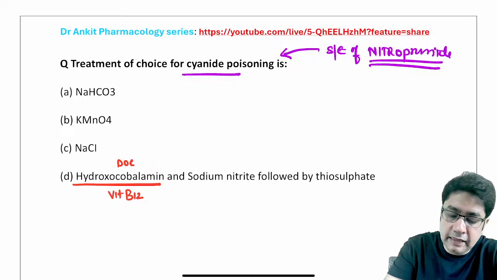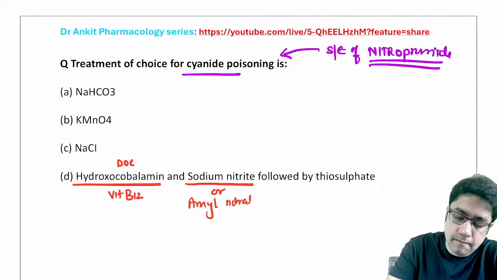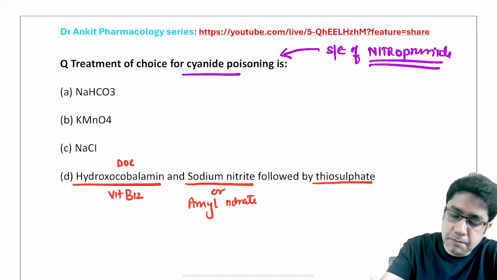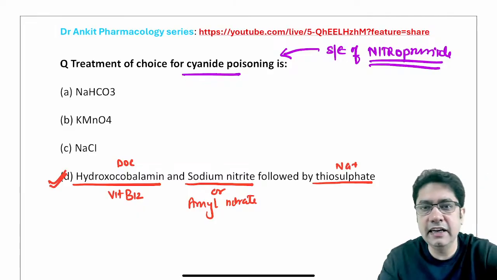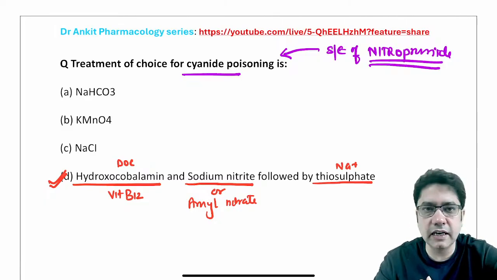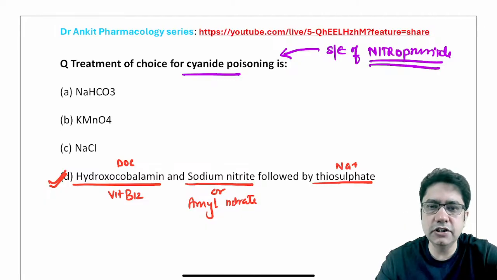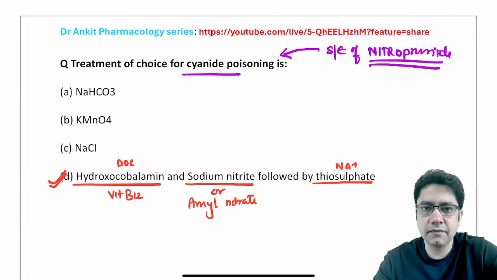Then we give nitrites like sodium nitrite or amyl nitrite. Later on, we will give thiosulfate, especially sodium thiosulfate. Together, it is known as cyanide kit. So these three classes of drugs we give for the treatment of cyanide poisoning. The first drug should be vitamin B12. It will chelate the cobalt which is present in cobalamin and will directly inactivate cyanide.